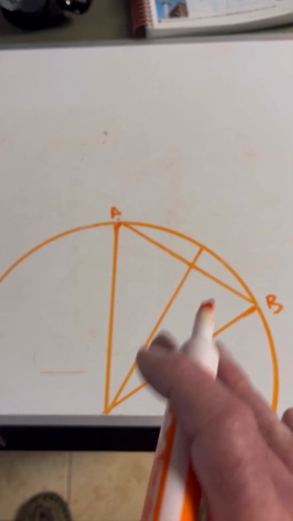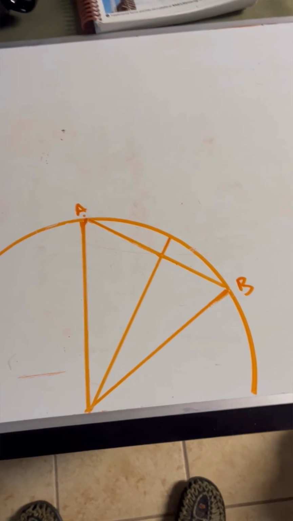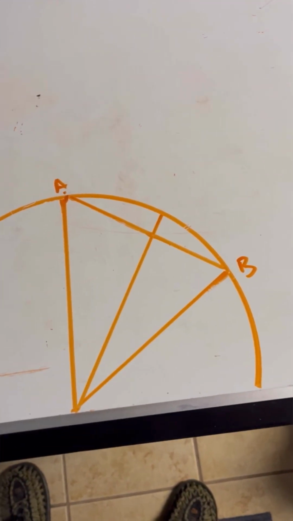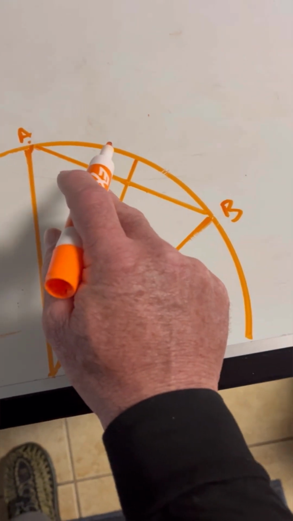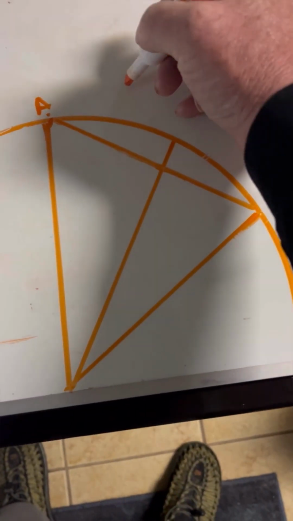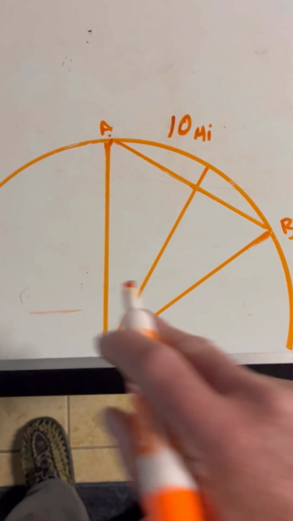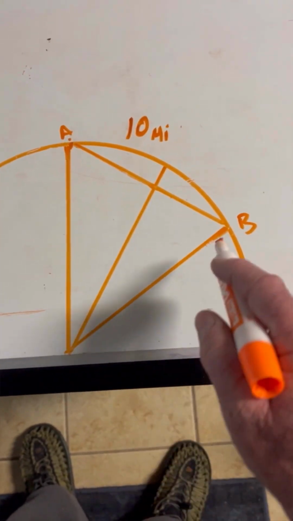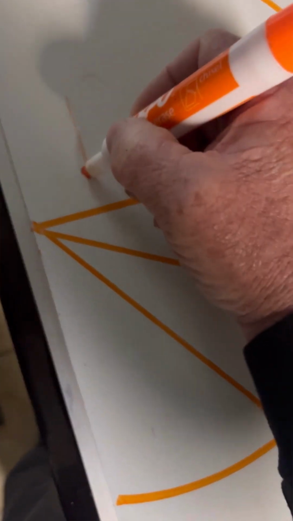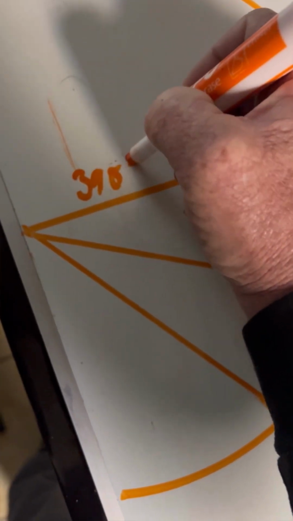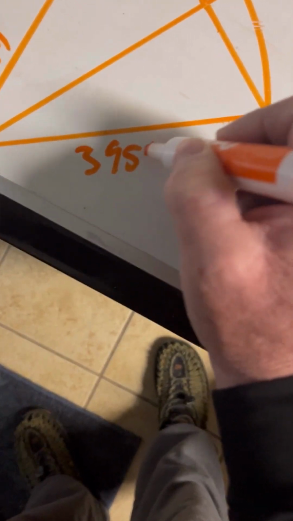So let's start plugging in some of the things that we were given here. The person who asked the question gave us a 10-mile distance. So from point A to point B along the Earth's surface here was 10 miles. We have a radius here and a radius here. We know that this is at an average radius, right? 3959.